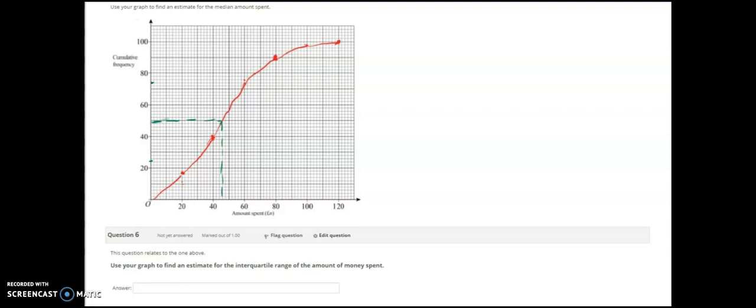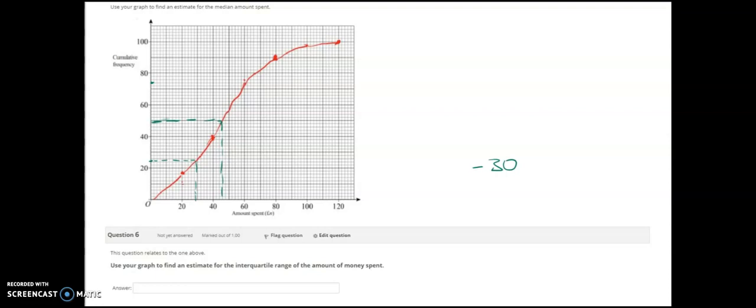So we'll do exactly the same thing that we did for the median. We'll extend this line to meet the graph. So this is about 30, the lower quartile, which we're going to take away from the upper quartile.